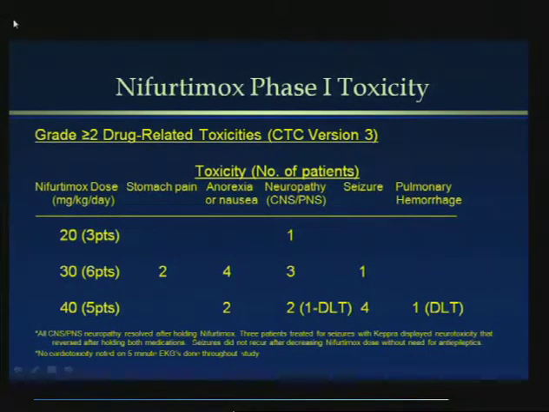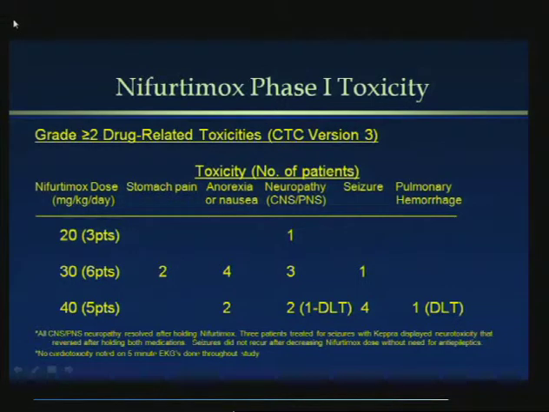These are the toxicities that we saw: really very little at the conventional clinical dosing for Chagas disease. Some toxicity here, but sort of acceptable toxicities. When we got to 40 milligrams per kilo per day, we saw 2 dose-limiting toxicities.